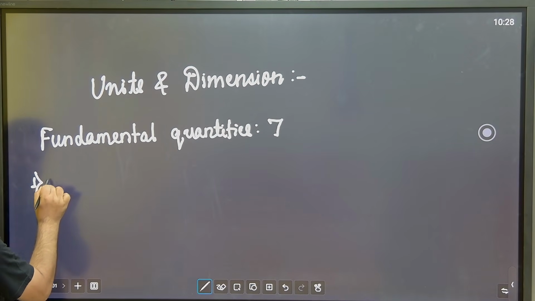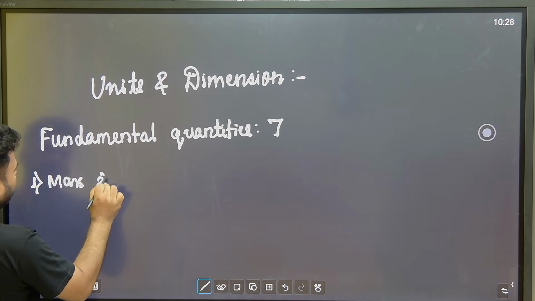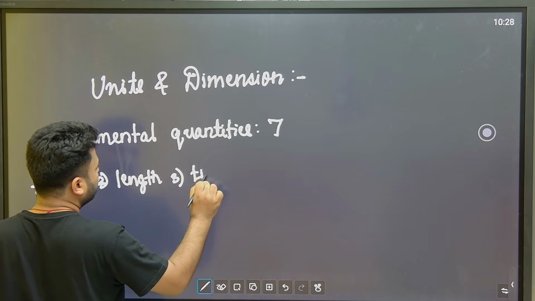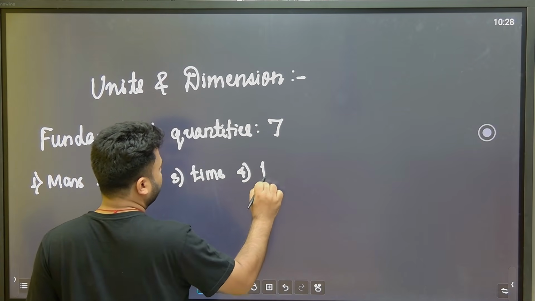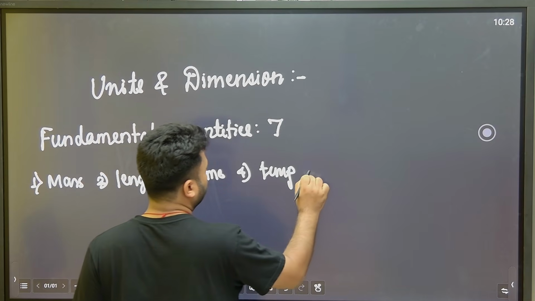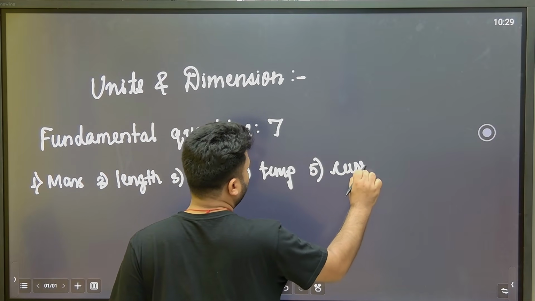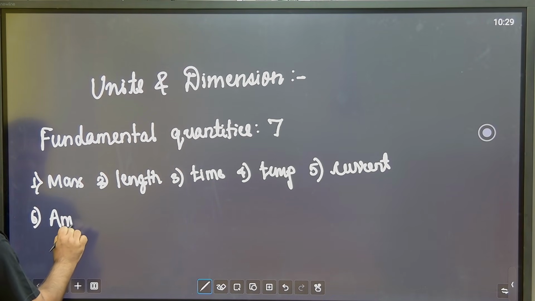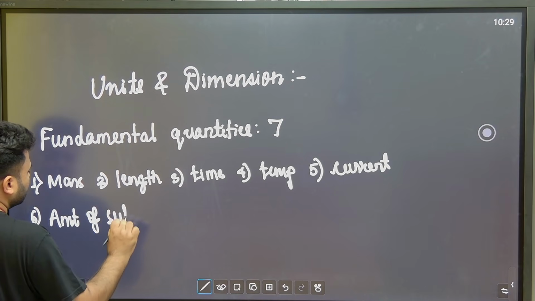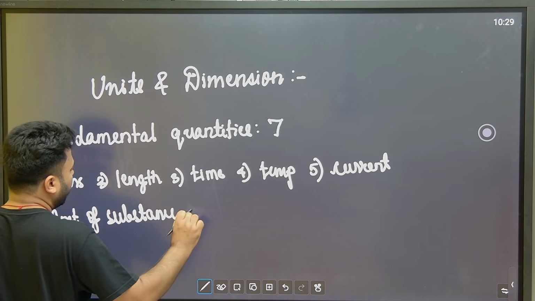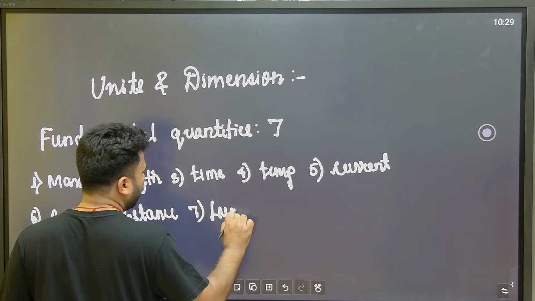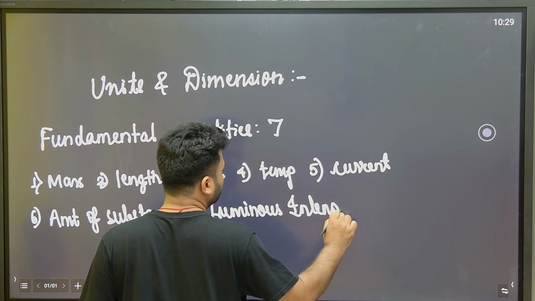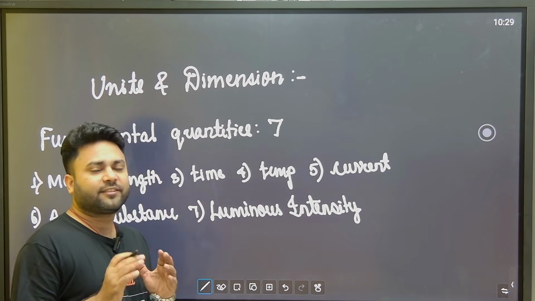These are mass, length, time, temperature, current, amount of substance, and seventh, luminous intensity. Now these are the 7 fundamental quantities.